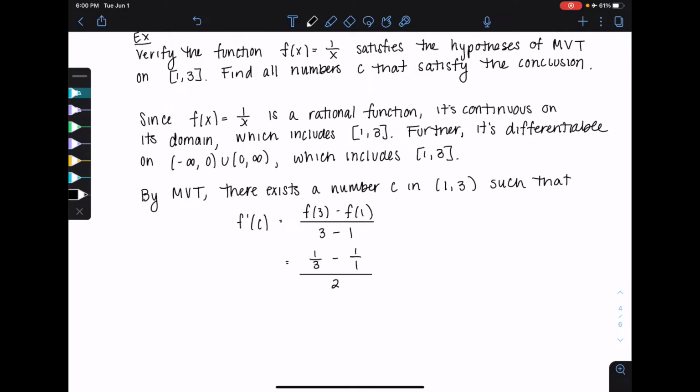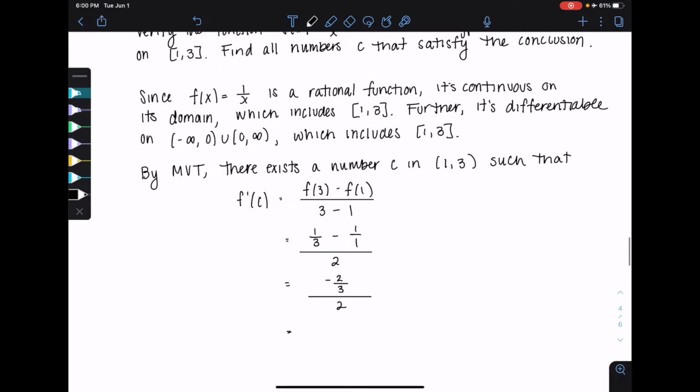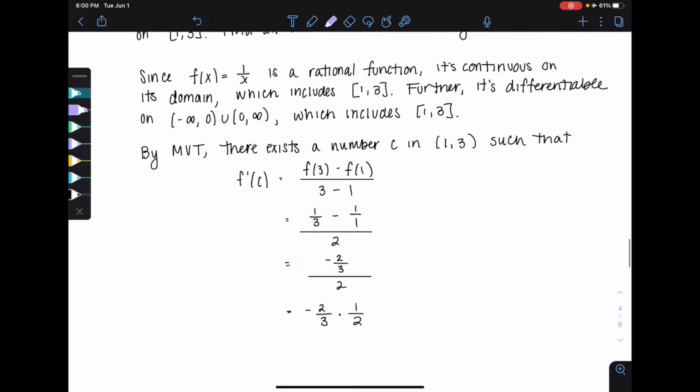If you do 1/3 minus 1, that's negative 2/3. We divide that by 2. Taking negative 2/3 and dividing by 2 is the same thing as negative 2/3 times a half. So the 2s cancel.